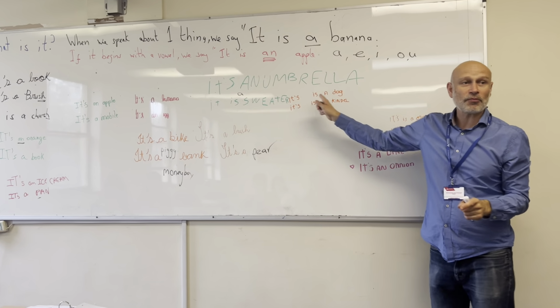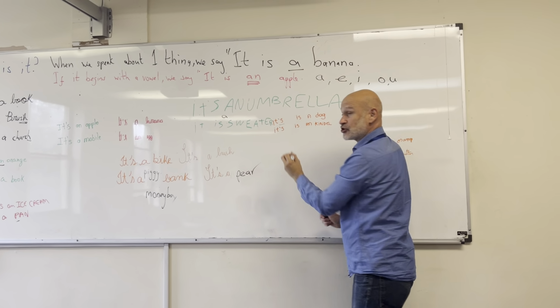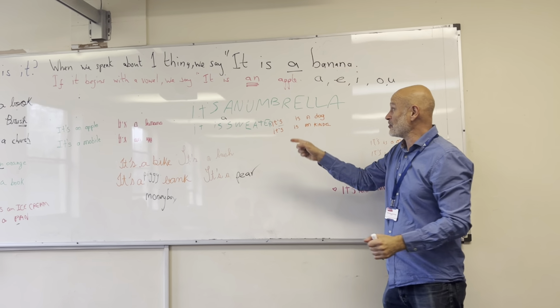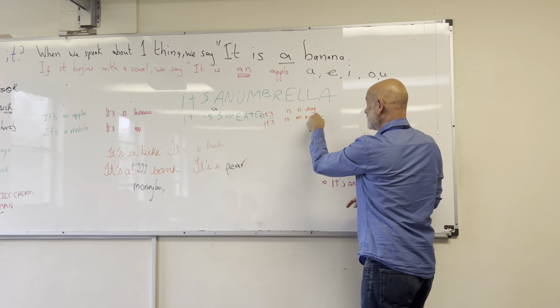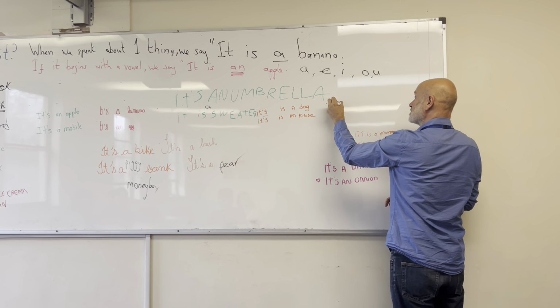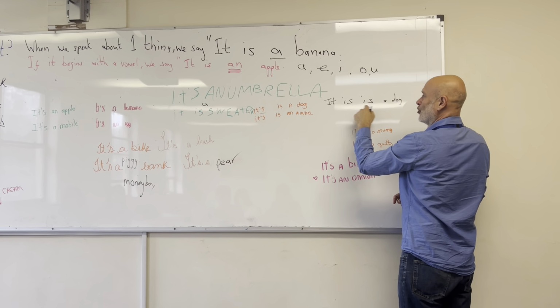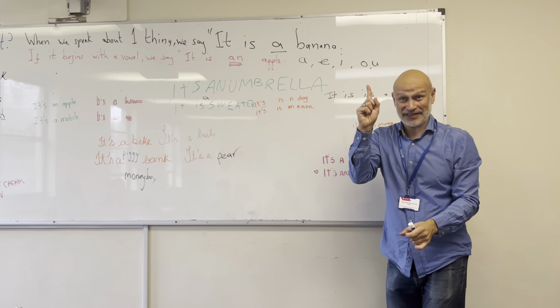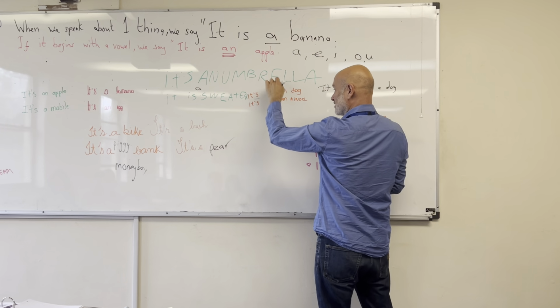Now, there are a couple of problems here. What you've done, you've made a contraction which is good, but then you've added the same word again. So you've written here, it is a dog. No, we only need one verb to be. So you can say it's a dog or it is a dog.